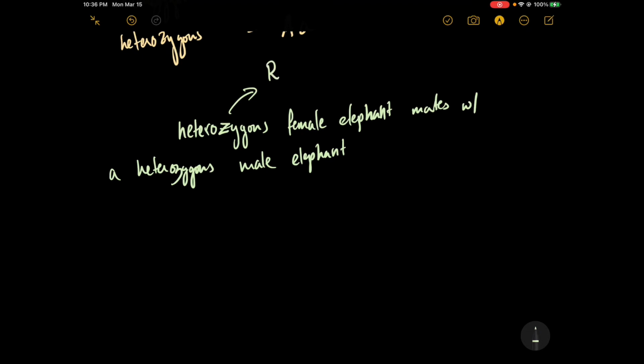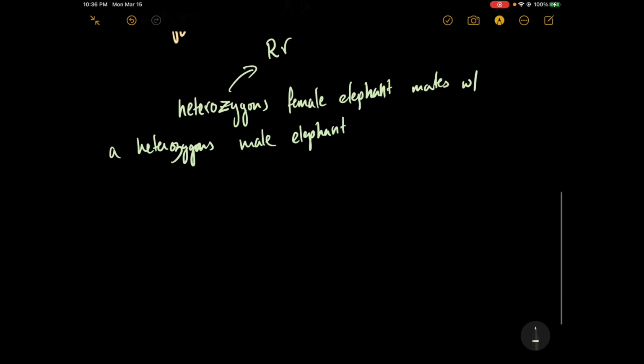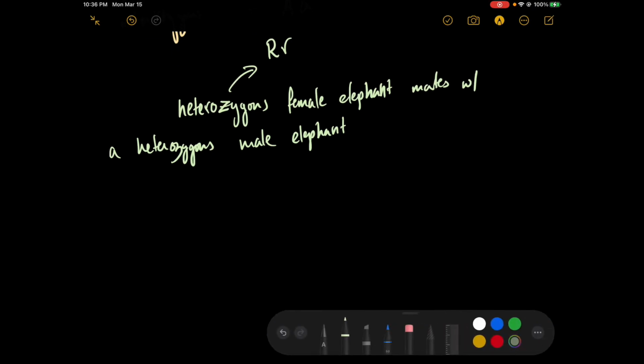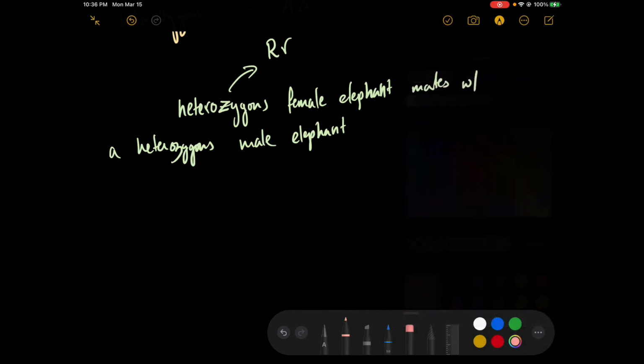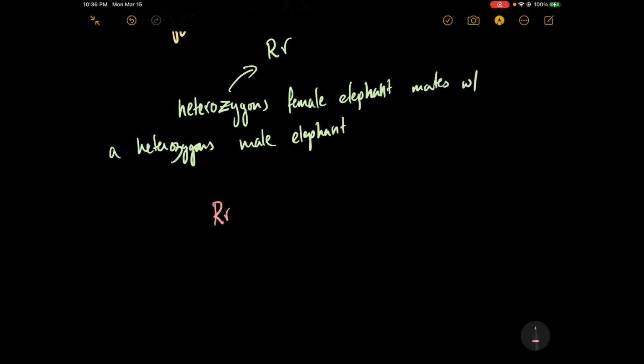So capital R would be extremely rough, and lowercase r would be smooth or not as rough. So the cross that you're getting here would be capital R, lowercase r, crossed with capital R, lowercase r.